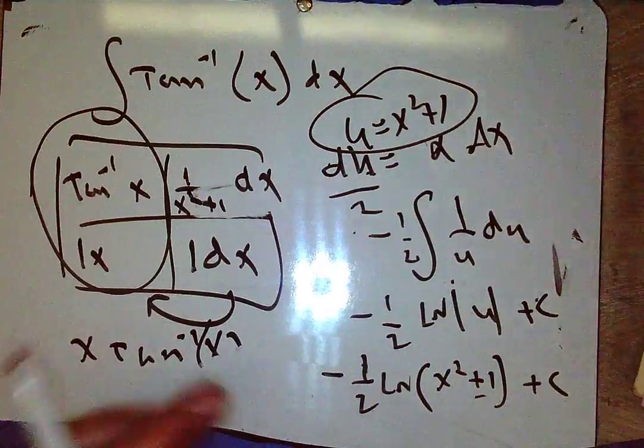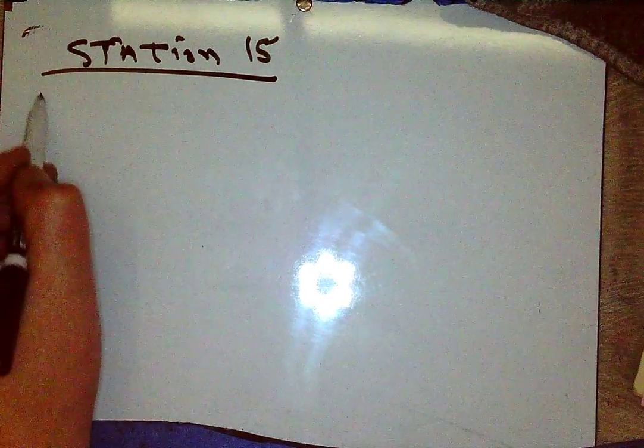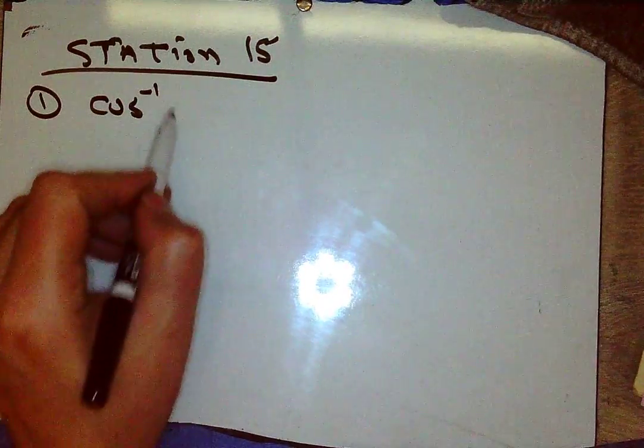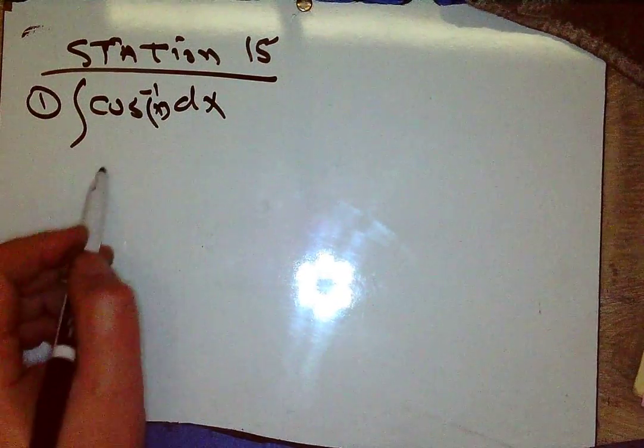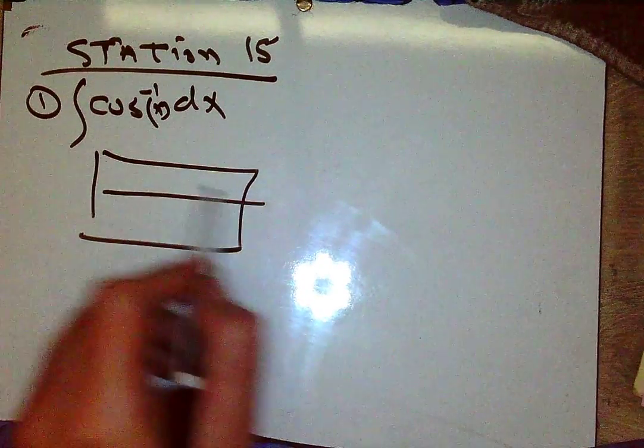Ooh, station 15 has more of the same. Let's take a look. Station 15, and number 1, cosine inverse. Well, this is that by parts thing.